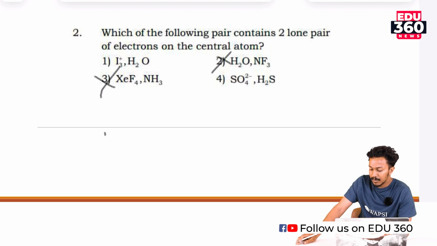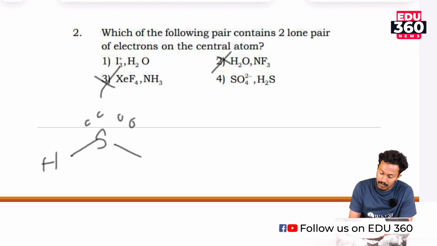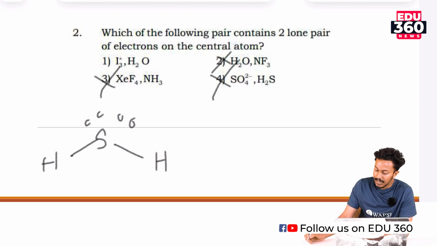On our hand, we do have I3 plus and water, and SO4 2 minus and H2S. Looking at the H2S structure, it does have two lone pairs of electrons, similar to H2O. In the case of SO4 2 minus, it has only one lone pair of electrons on the sulfur atom and 12 lone pairs in total.